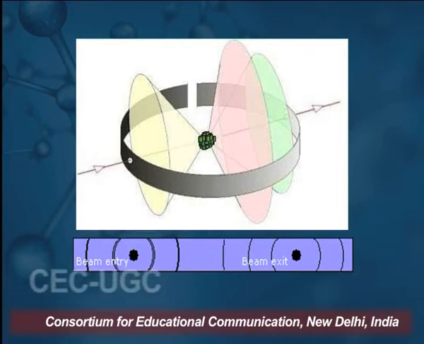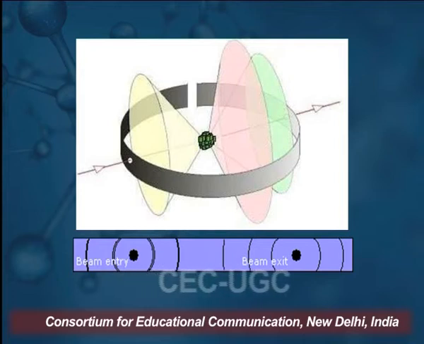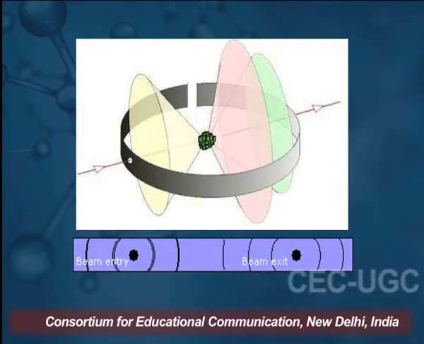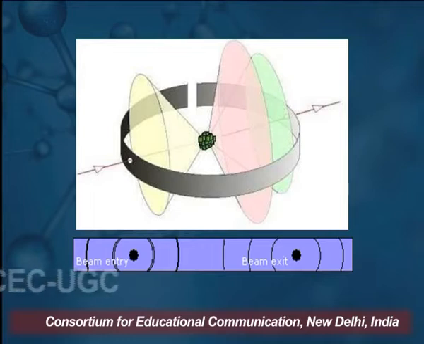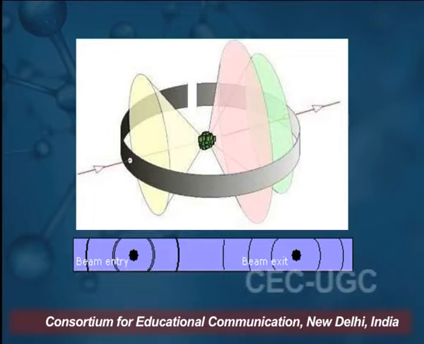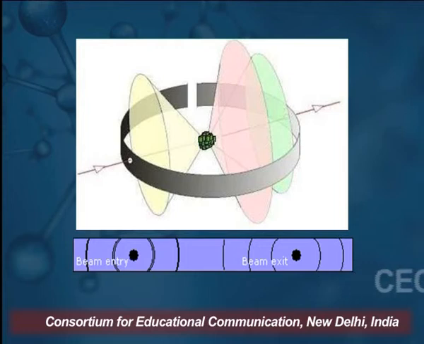On the lower plate you are seeing the spots we are getting: at the middle we are getting the dark spot, and on the sides we are getting the round spots, and these spots give the pattern of the sample, and this we are getting by the rotation.